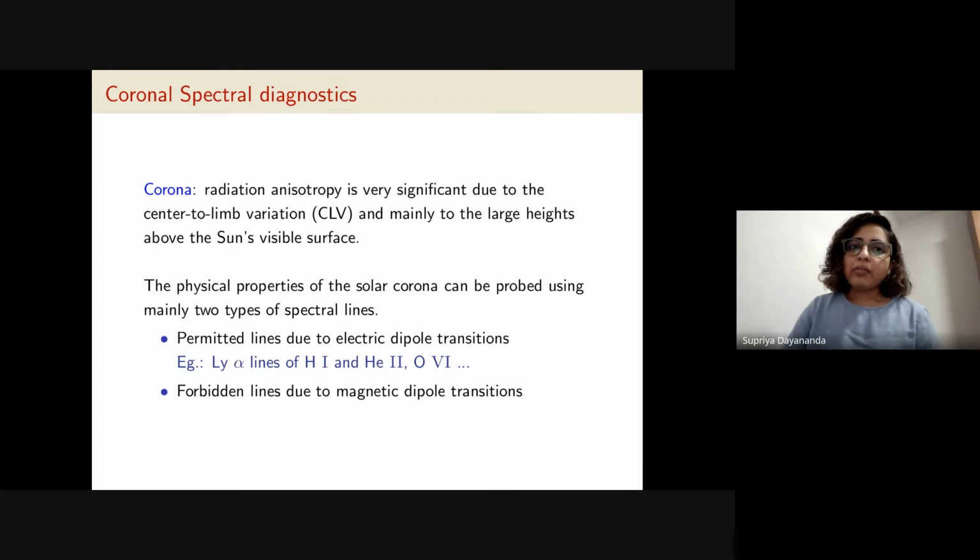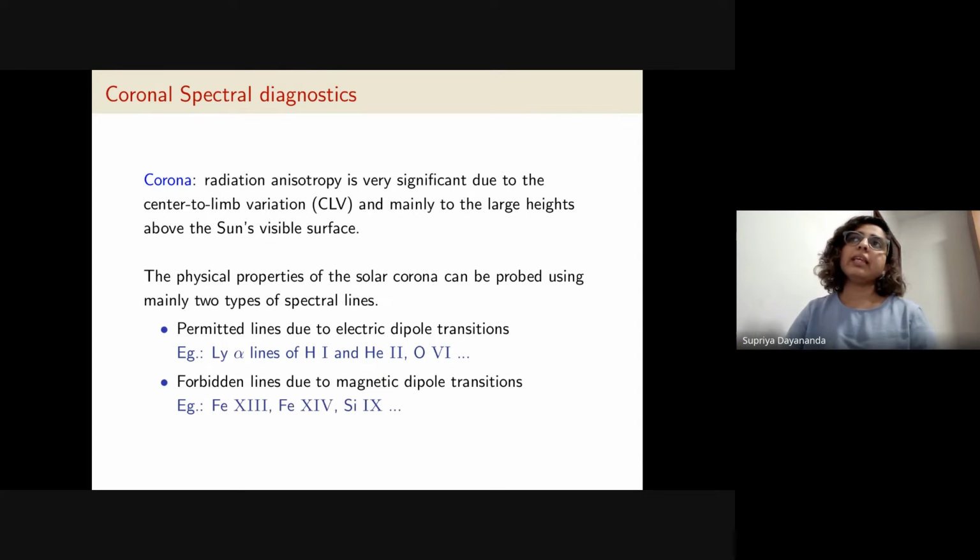The other set of lines are forbidden lines, which are formed due to magnetic dipole transitions. These are the lines coming from the highly ionized species of iron, silicon, magnesium, and so on, which are the lines that DKIST, Aditya L1, and even UCoMP are interested in.